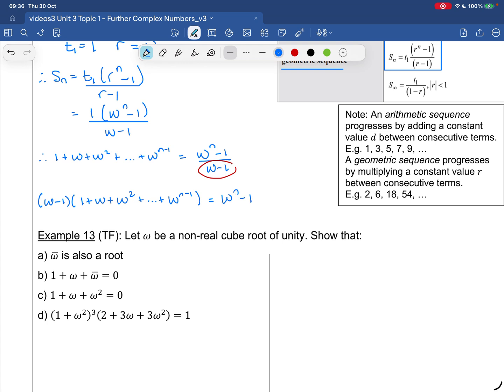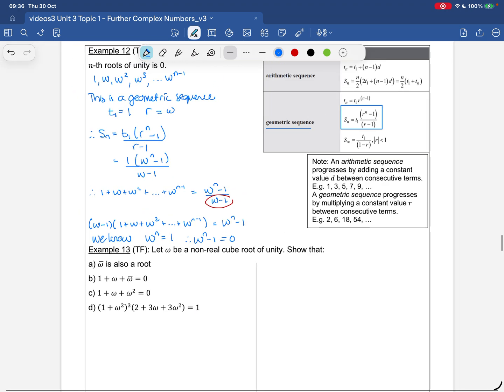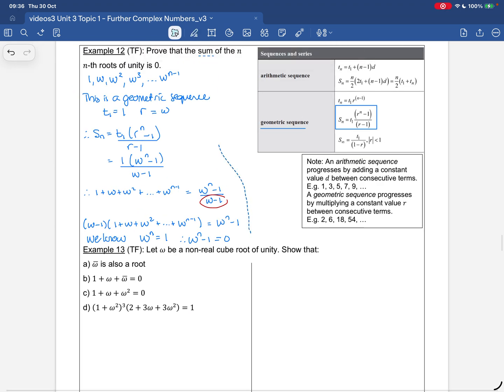And I know that omega to the n is equal to 1. So we know that with my roots of unity, omega^n equals 1. So that then means that omega^n - 1 must equal 0. Now I'm sure you're thinking to yourself, why do I want to know that?